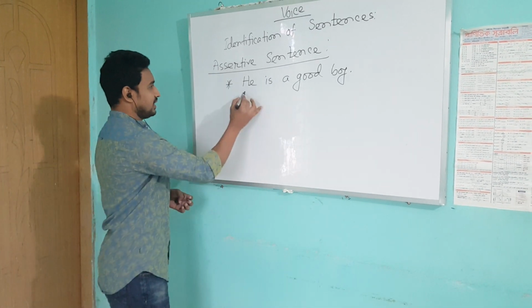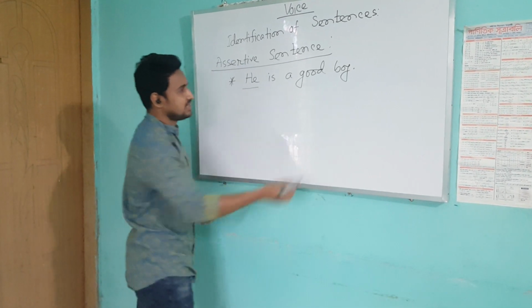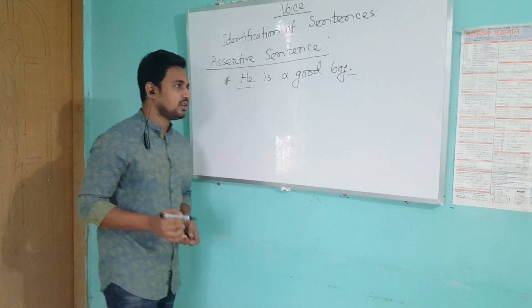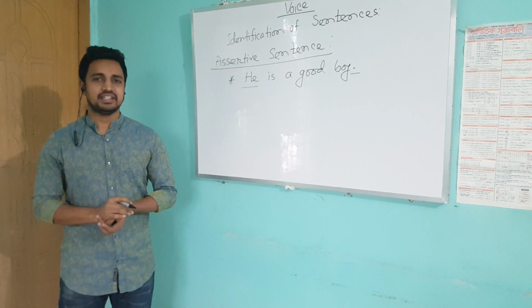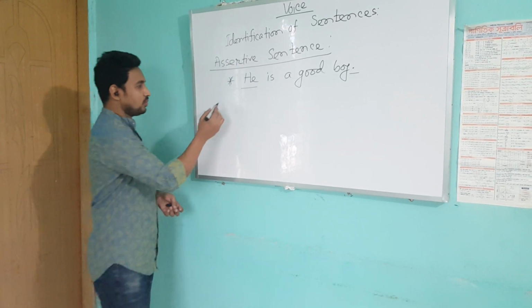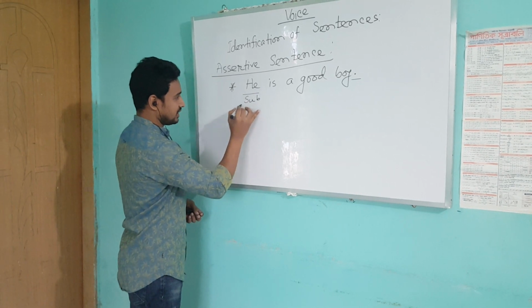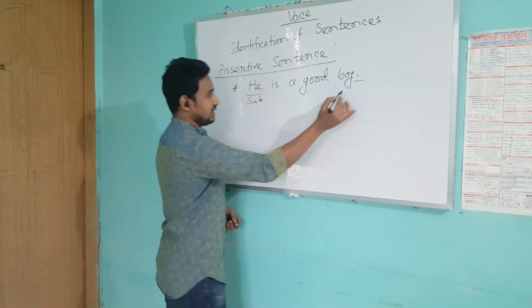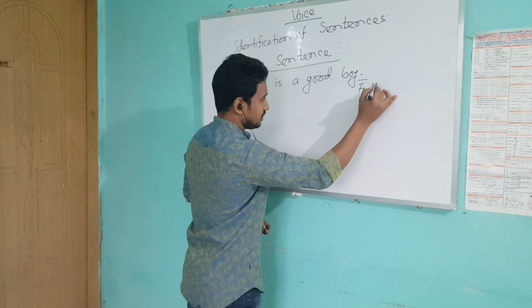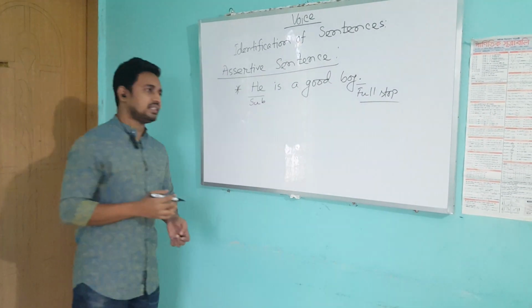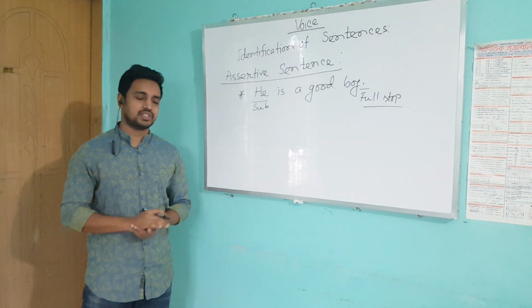Look, he is the subject in the sentence, and look at the end part, we have a full stop. So we can say that when we have subject at the beginning and full stop at the end, it is an example of an assertive sentence.